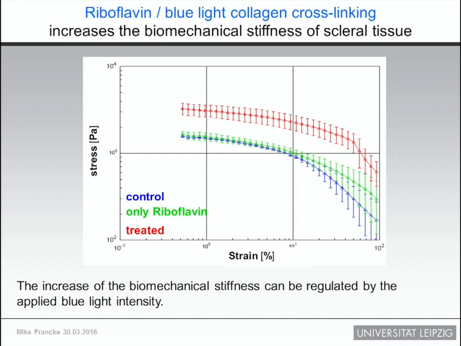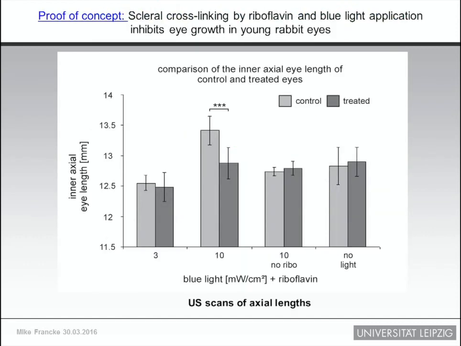Another important point is that we can regulate the stiffness by different light intensities. The more light, the stiffer, up to the damage threshold. That's for sure. Another proof of concept is that in the young animals, we can really inhibit eye growth with 10 milliwatt per square centimeter.